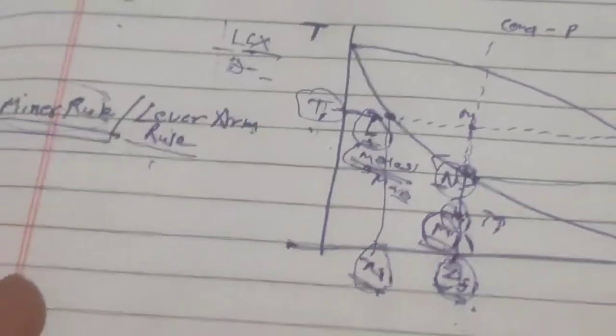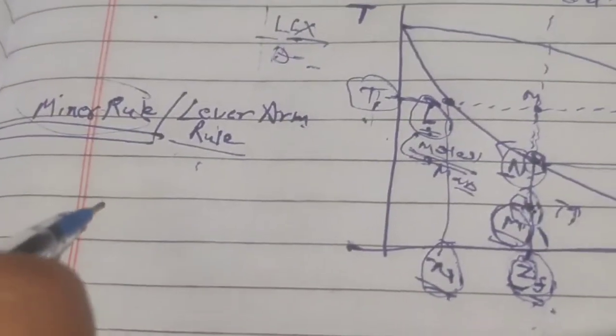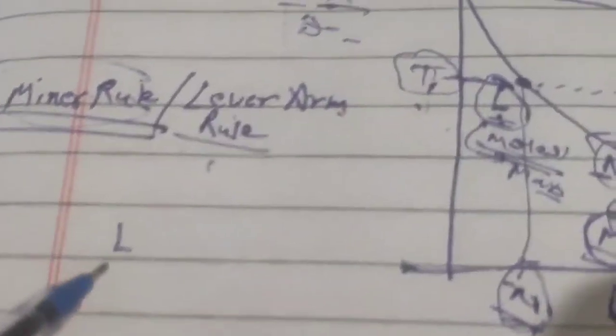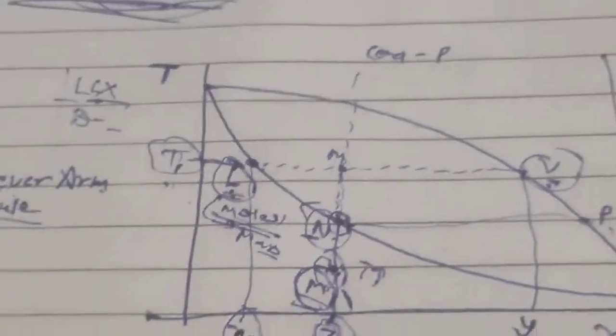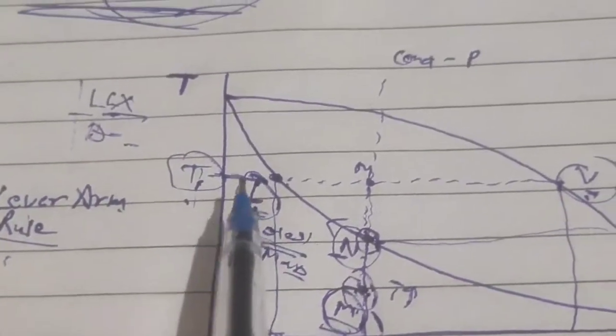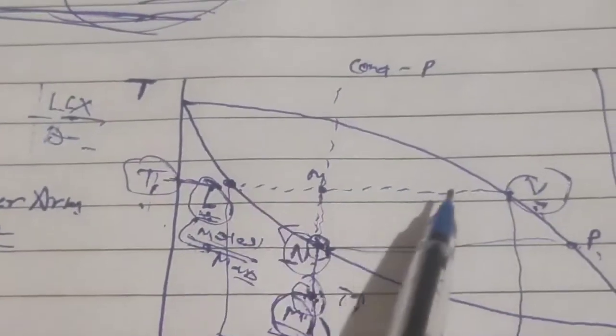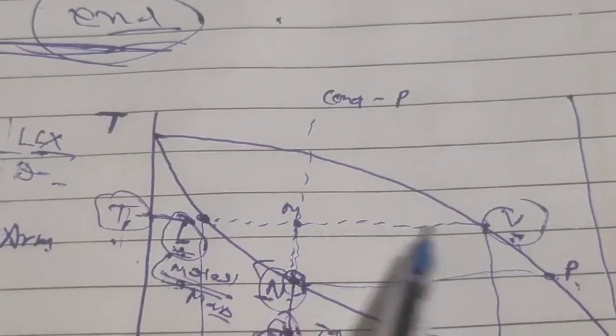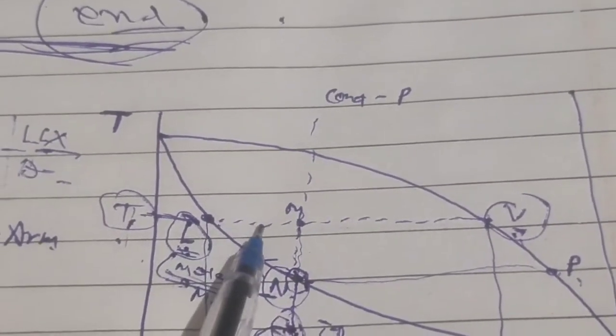So the rule says that L upon V, the amount ratio, will be equal to the length of this line divided by the length of this line. So we have to go opposite.